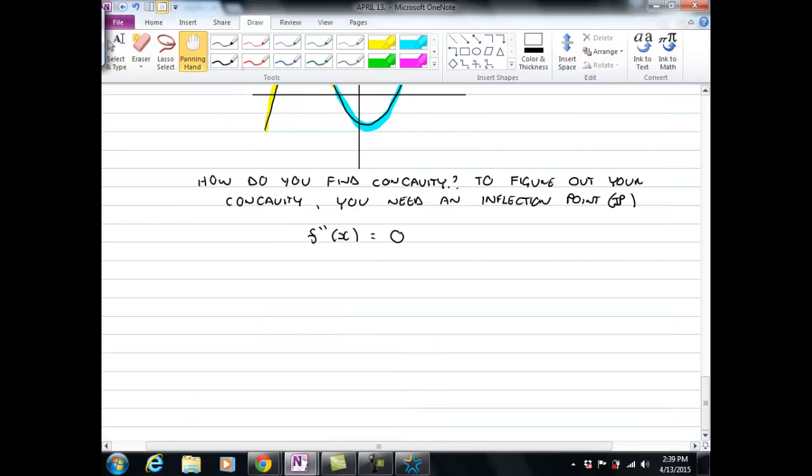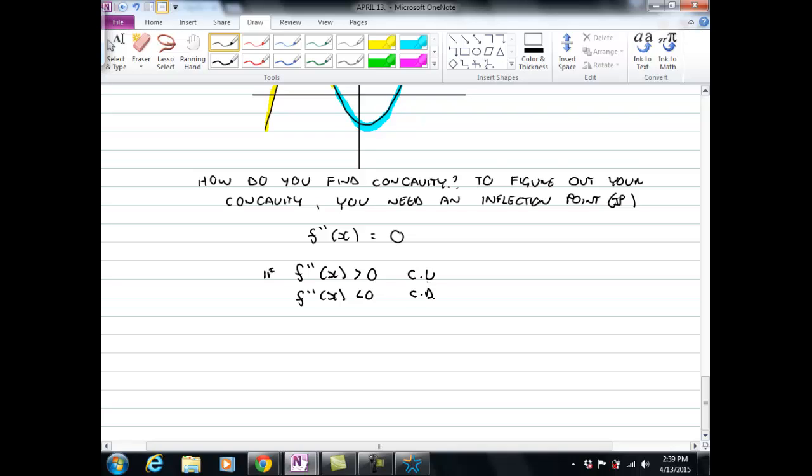If f double prime of x is greater than 0, we call that concave up. Very simple concept. If f double prime of x is less than 0, we call that concave down.